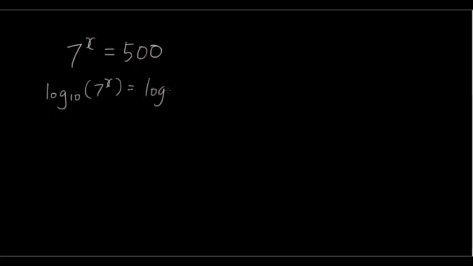If we have a base of, let's say, 7 to the power of x equals 500, how do we find what x is? Well, on the calculator we have log base 10, and the first step is we're going to log base 10 both sides. So then it becomes log base 10 of 7 to the power of x is log base 10 of 500.